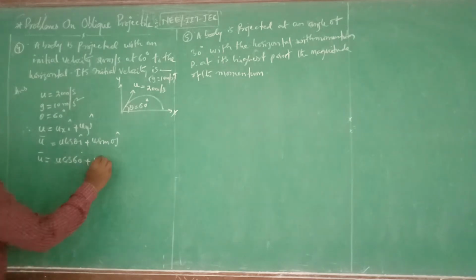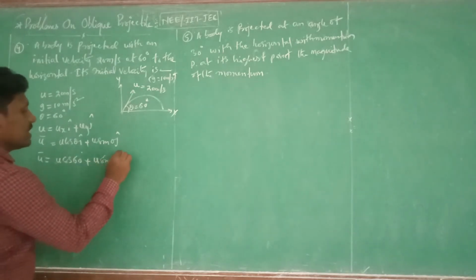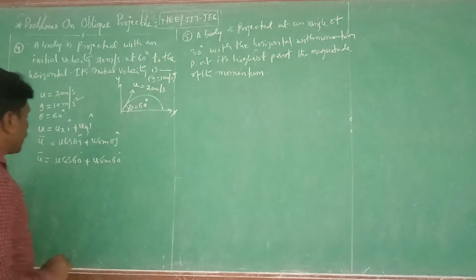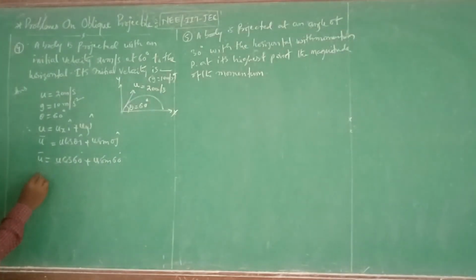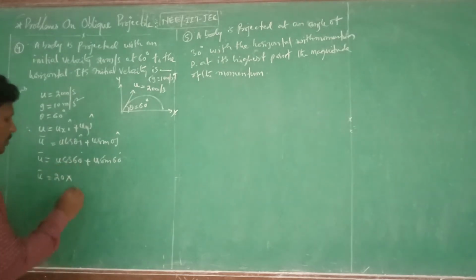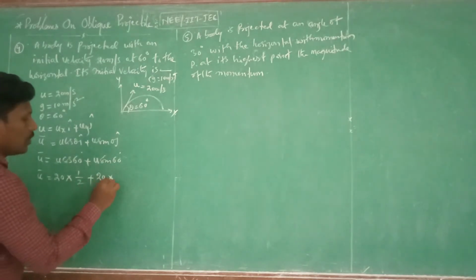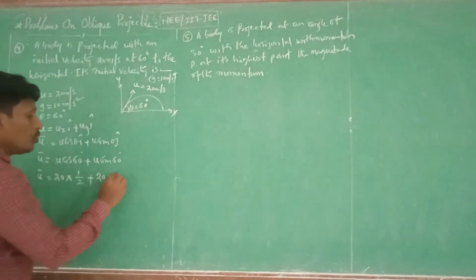u sin 60 degrees. And we can write it as u bar equals 20 into cos 60, that is 1 by 2, plus 20 into sin 60, root 3 by 2.